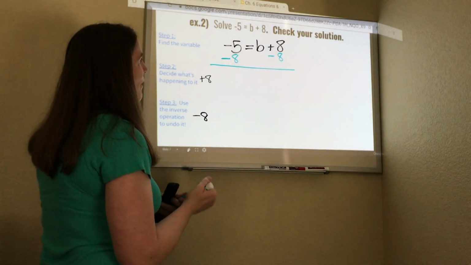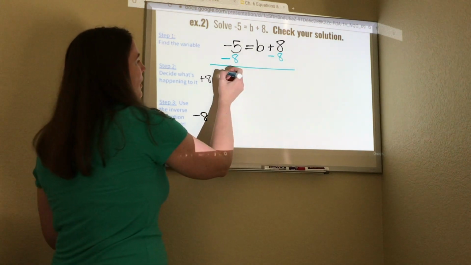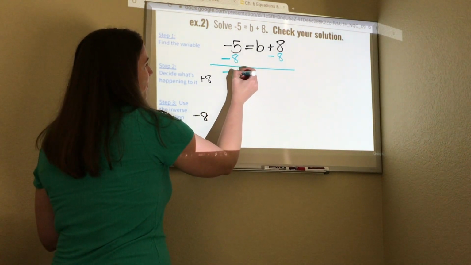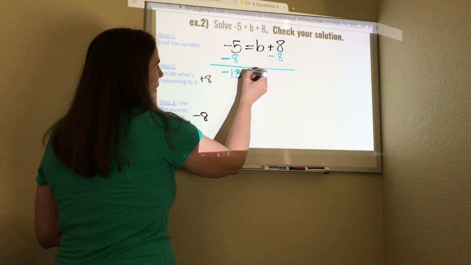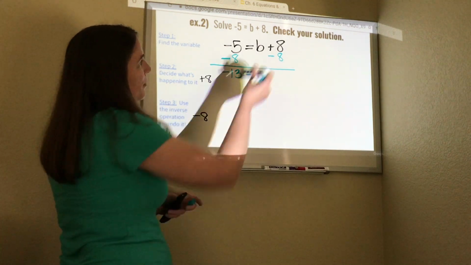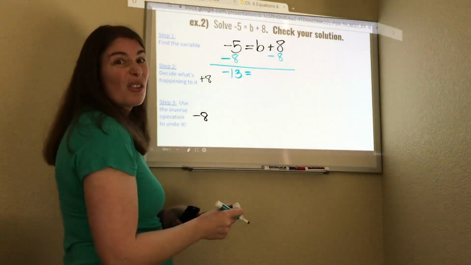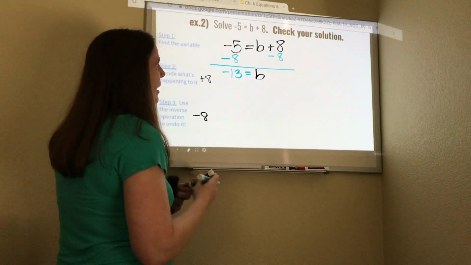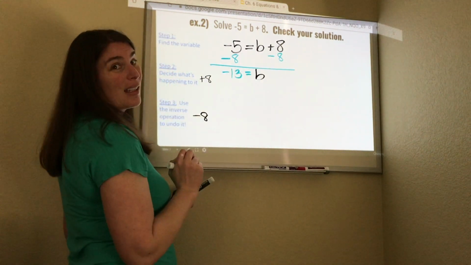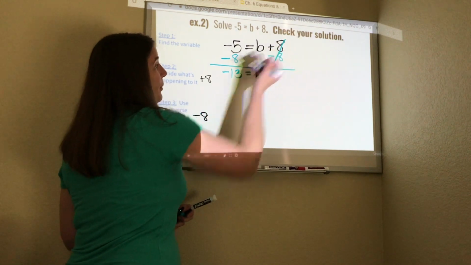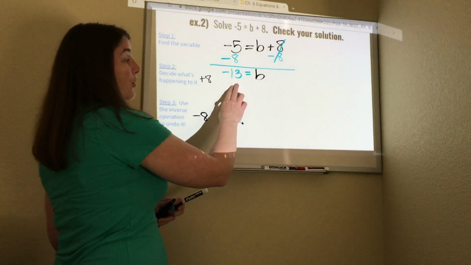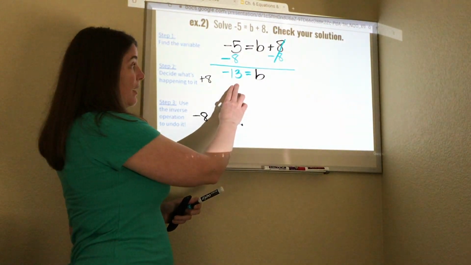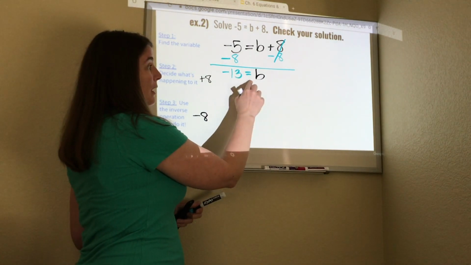So -5 minus 8 is -13 equals, and then b, and there's nothing here, so it's 0, so it's just b. And then it says 8 minus 8, well, that's 0, so I'm not going to write anything. So my solution, I believe, is -13 equals b.